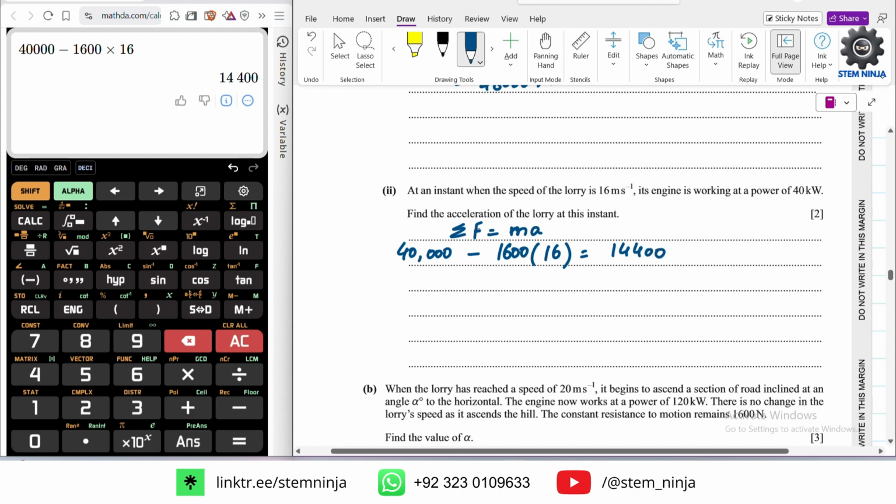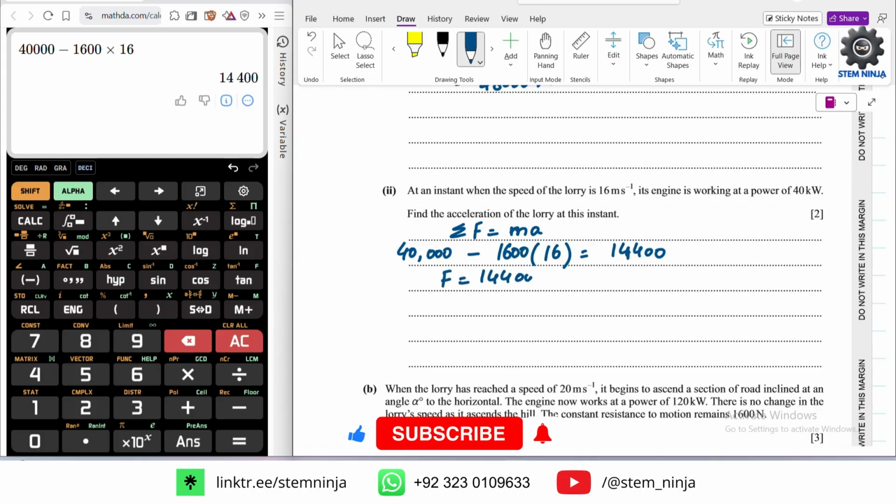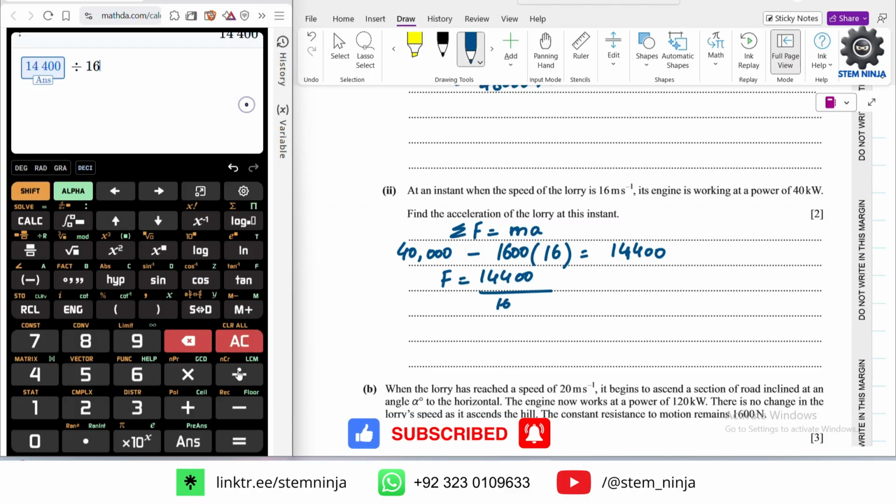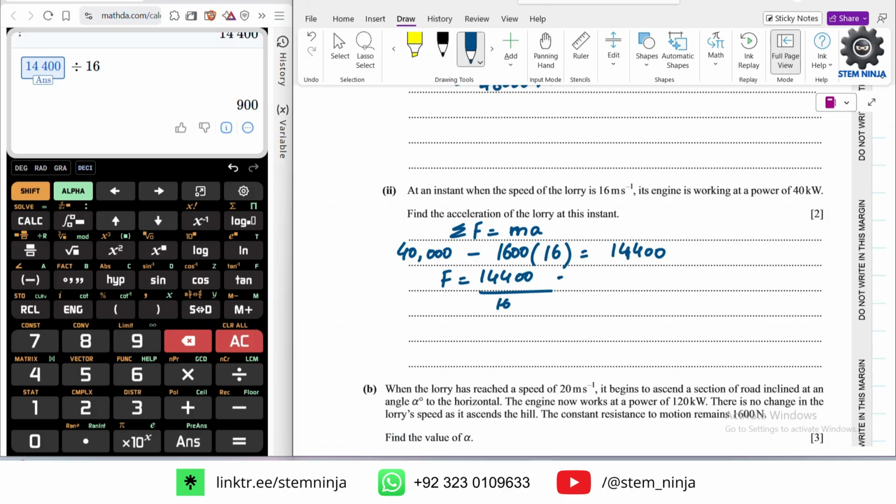Okay, so this is your force, right? No, this is just power, right? So this is your useful power basically. So force would be 14,400 divided by 16. So this divided by 16 is 900 newtons.